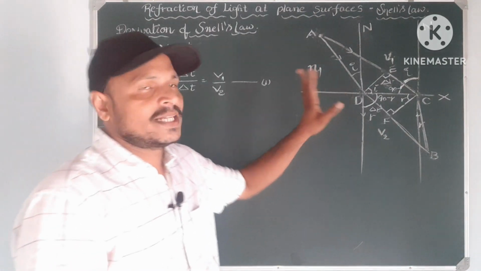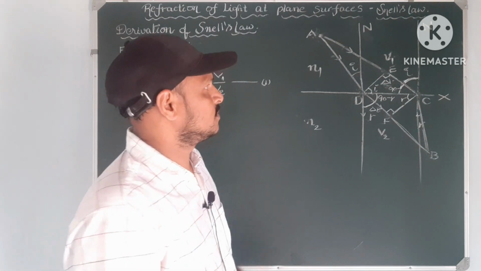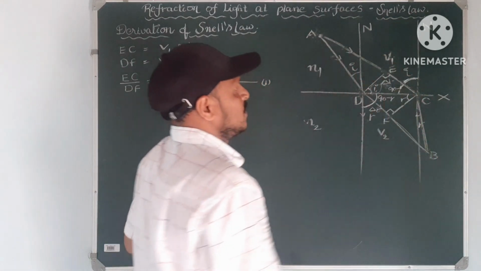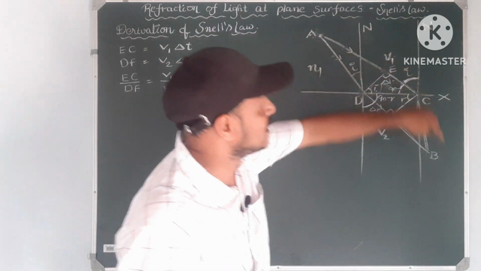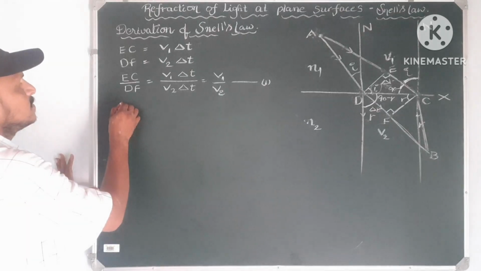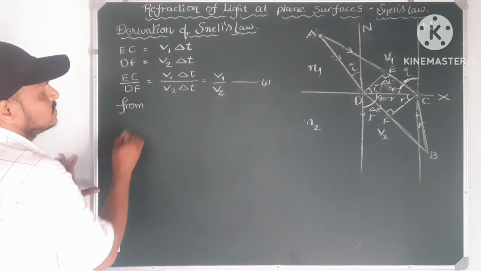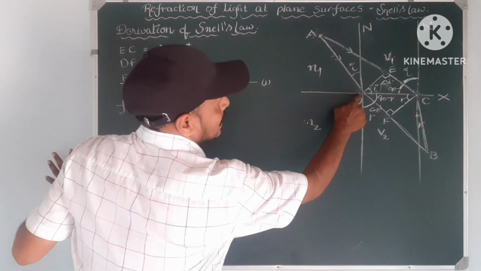So let's go for trigonometric functions. Sine of I, from the right angle triangle DEC.